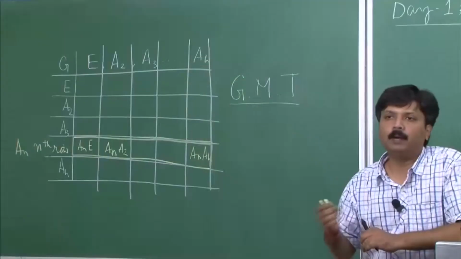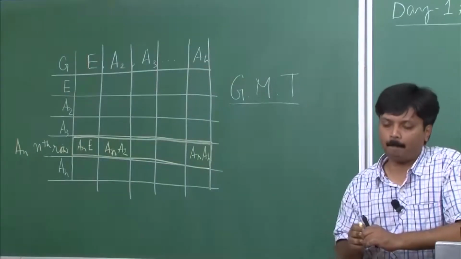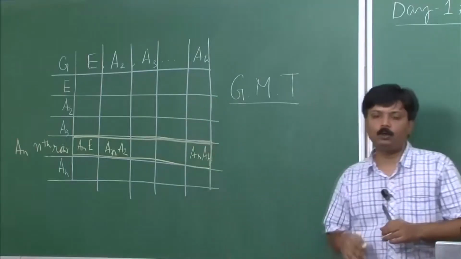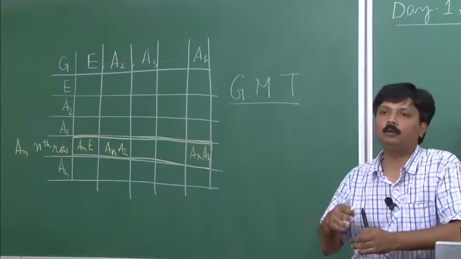Since all the A's are different, all these products also are going to give me different results. Okay. So in this nth row, I have H new elements formed by this binary product, which all will be different. Similarly, I can choose any of these rows. Okay. So all of them will be having H different elements that are formed.